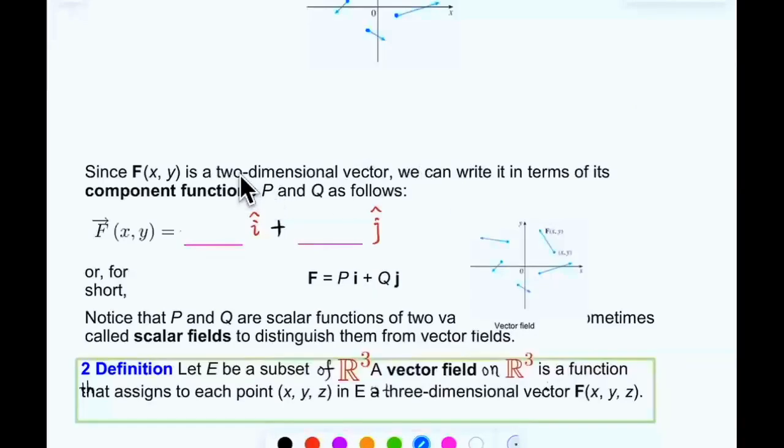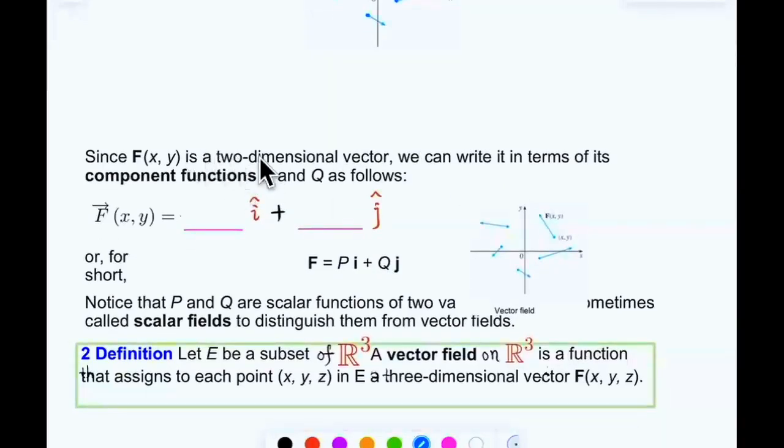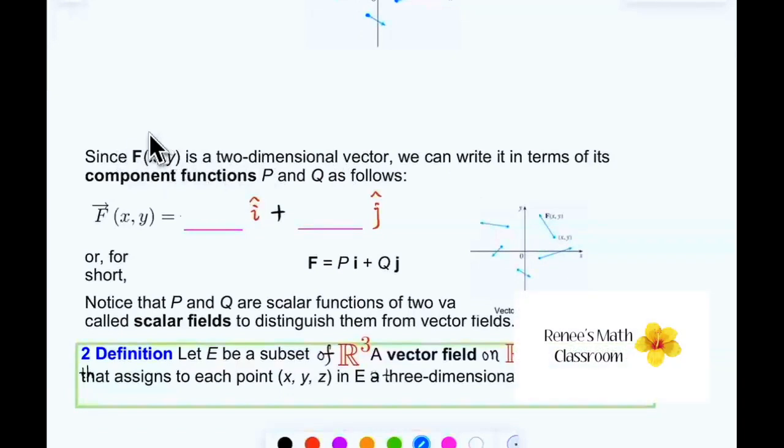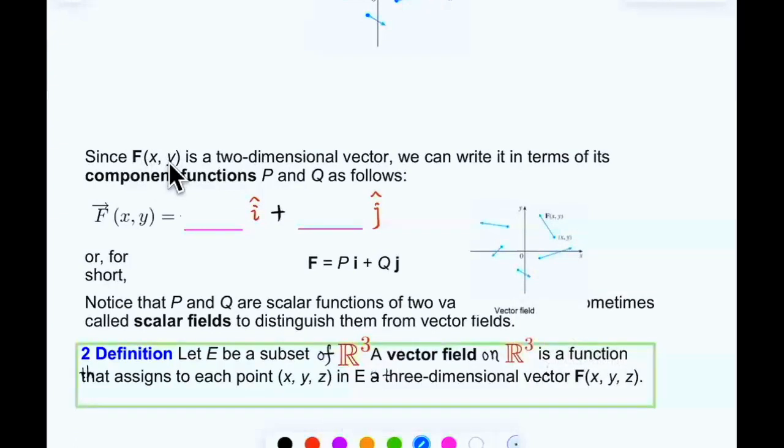Now since the vector field is two-dimensional, remember it maps a point in R2 to a vector in R2, right? So this one here indicates a two-dimensional vector. We can write it in terms of its component functions P and Q. So you have two components, one along the i direction, the other along the j direction.